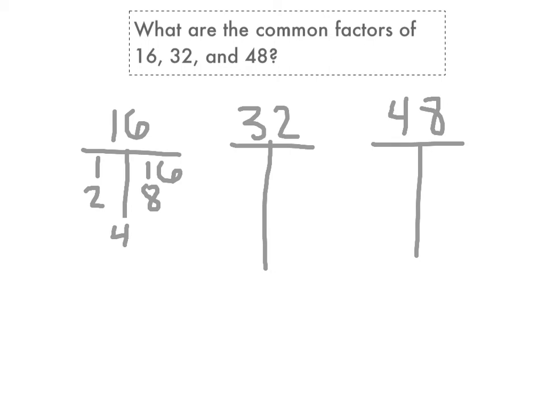For 32, I'm going to do 1 and 32. Again, I can use my divisibility rules and see that this is an even number, so I can divide by 2 and get 16. 3, I could go into, should be 3 times, what is that, 14?